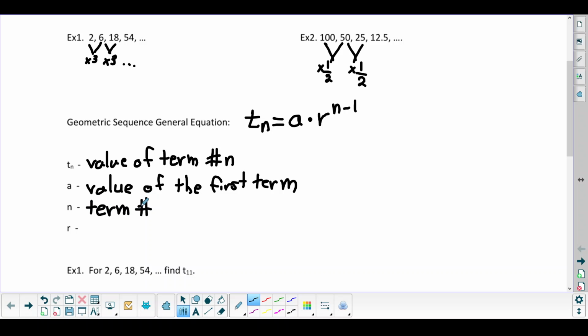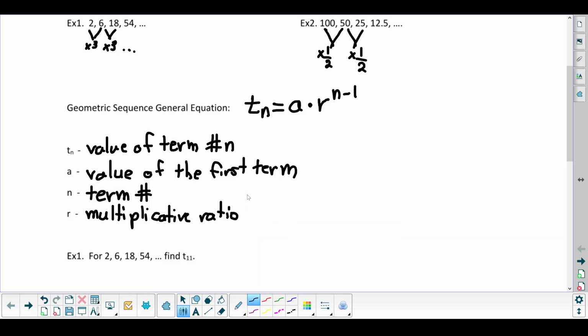With arithmetic sequences, we have D for the constant difference. Here we have R. R is the multiplicative ratio. Let's spell that correctly. Multiplicative ratio. So it's the thing that we're multiplying by to go from one term to the next.